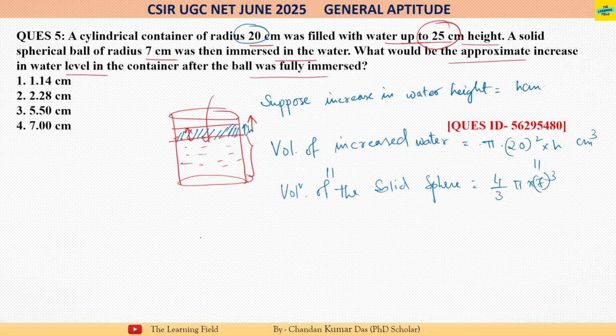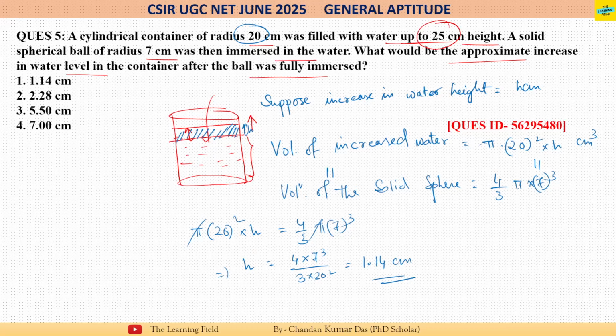So these two values are equal. That means pi into 20 square into h equals 4/3 pi 7 cube. Fine. So pi cancels out. So h equals 4 into 7 cube by 3 into 20 square, which is nearly equal to 1.14 centimeter if you calculate. Fine. So the clear cut answer is option 1.